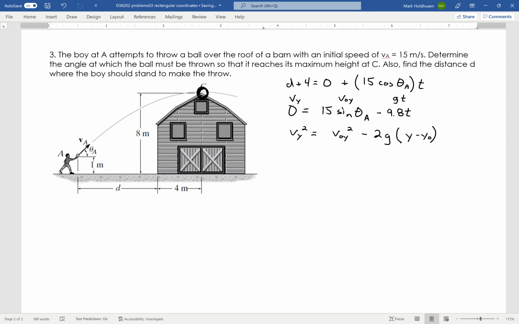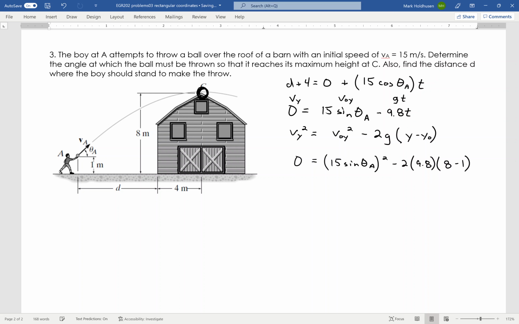My final velocity is 0 because I just want it peaking at point C. So I'm only going to have a horizontal velocity at point C, and that vertical velocity is going to be 0. My initial velocity is 15 times sine of theta A, squared, minus 2 times 9.8. My final position here is 8 meters, and my initial position is 1 meter.